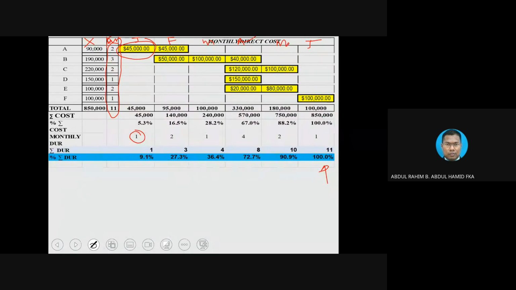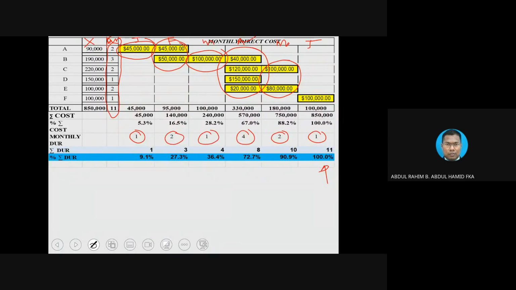Then going through February, there are 2 activities running, and each runs for 1 month. 1 plus 1 is equivalent to 2 months. And then in the 3rd month, March, there is 1 bar running. And then in April, 1, 2, 3, 4. And then May will be 2 months, because there are 2 bars here. And lastly, 1 bar.